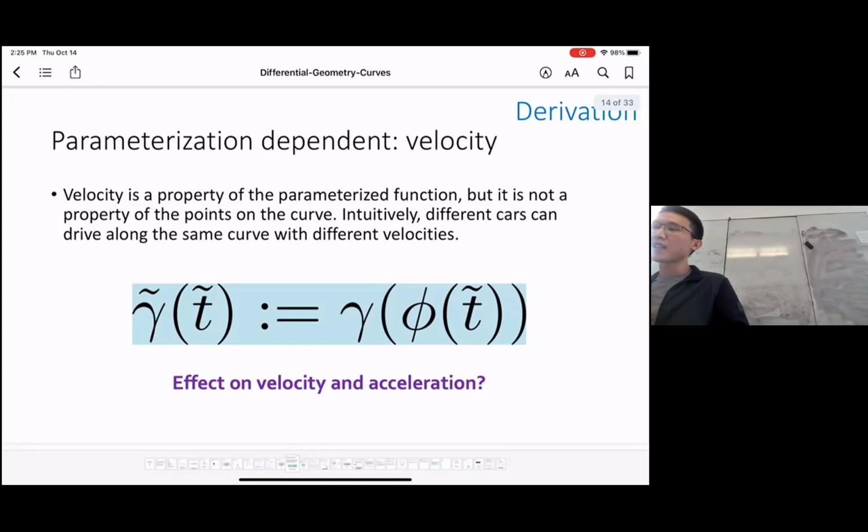Intuitively, if I'm driving different cars along the same curve, I might drive at different speeds. This doesn't change the property of the curve, but because I'm driving at different speeds, it may result in different velocity. So here, let's do a very simple derivation. I hope everyone can see the board.